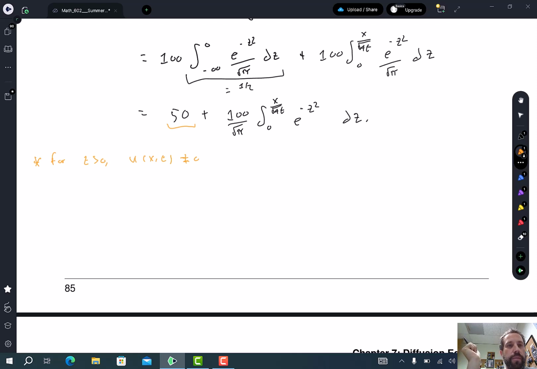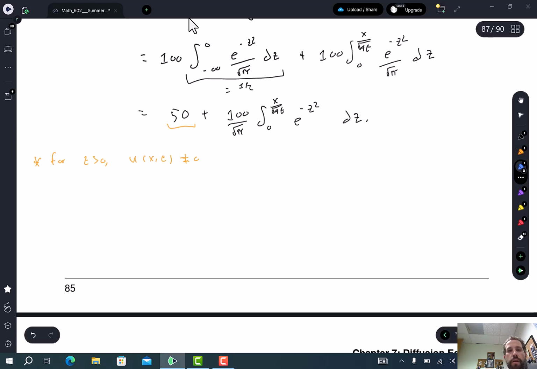So even though there's only concentration from 0 to infinity, and it's 100 there, everywhere along the real line the concentration is at least going to be 50 for any positive value of time. So again, this infinite propagation is a completely different phenomenon than what we have seen with the wave equation.